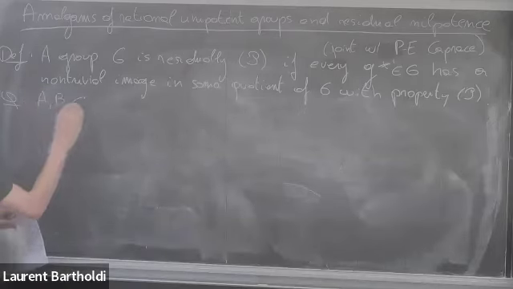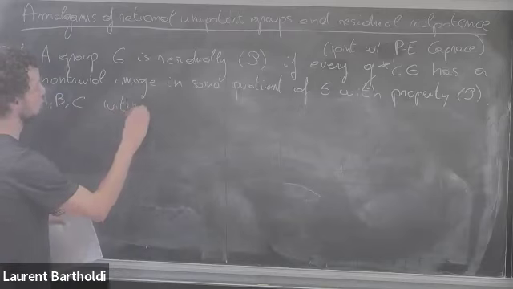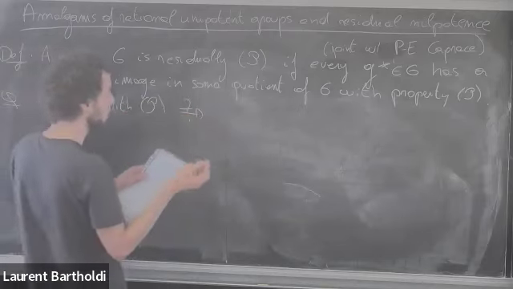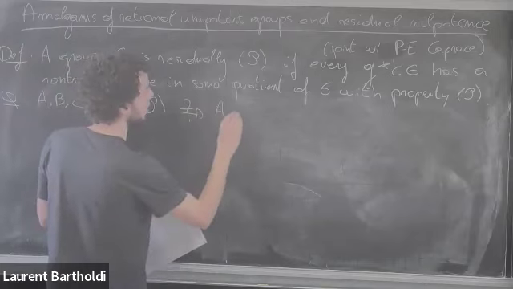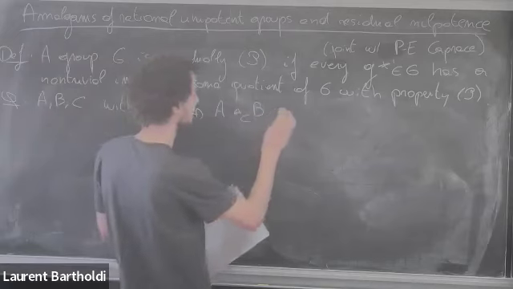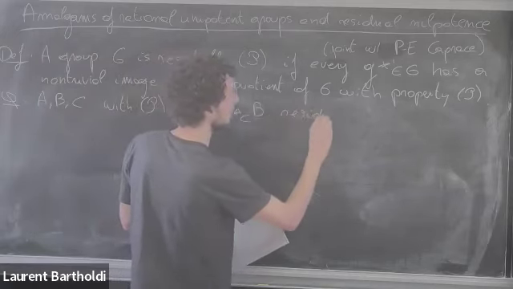Imagine you have three groups A, B, C, with C a subgroup of A and B that have this property P. And then the question is, is the amalgamated product of A and B along C residually P?